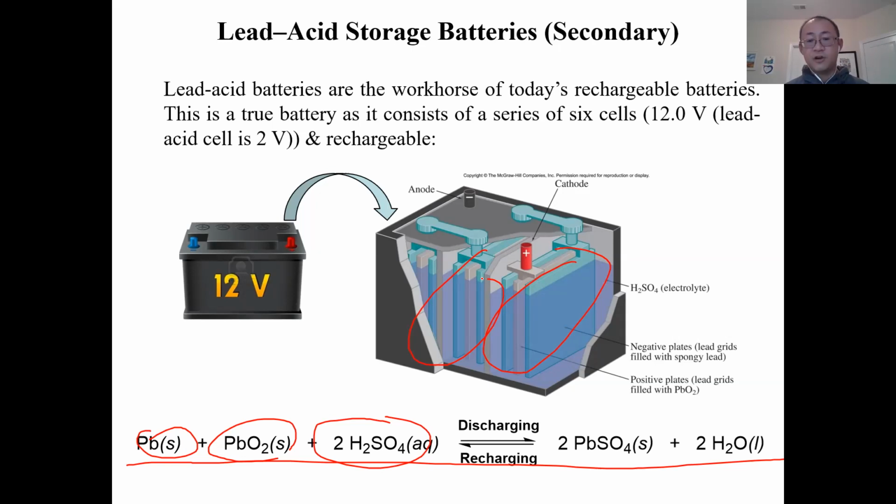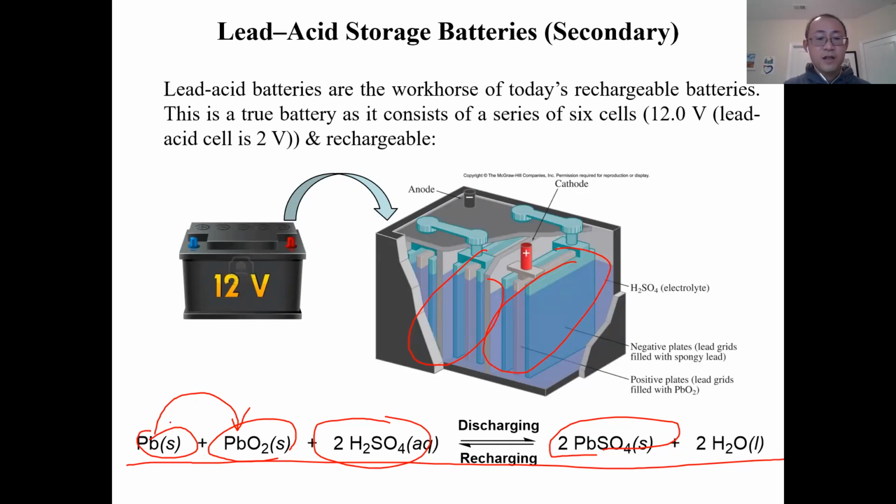Lead acid batteries are rechargeable. Now, in a discharging process, of course, lead will lose electrons to lead 4 oxide. So after that, both lead and lead 4 oxide will be turned into lead 2 sulfate because they're immersed in sulfuric acid, which has a lot of sulfate ions.